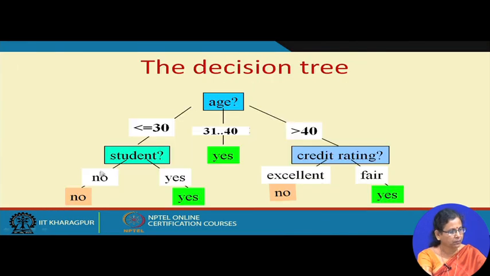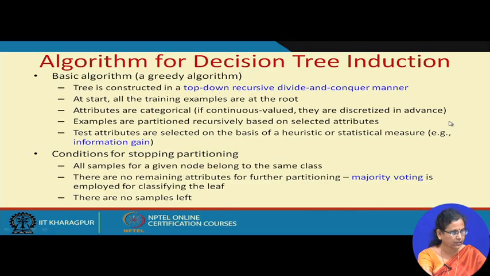Each of these paths ends up in buying or not buying. Now, the next question is, how do I construct such a tree? This decision tree induction algorithm can be used to construct such a tree.